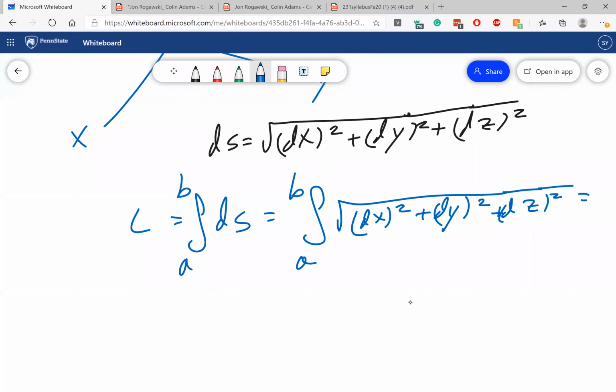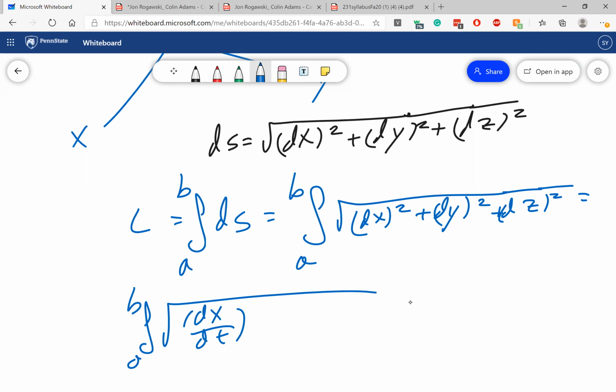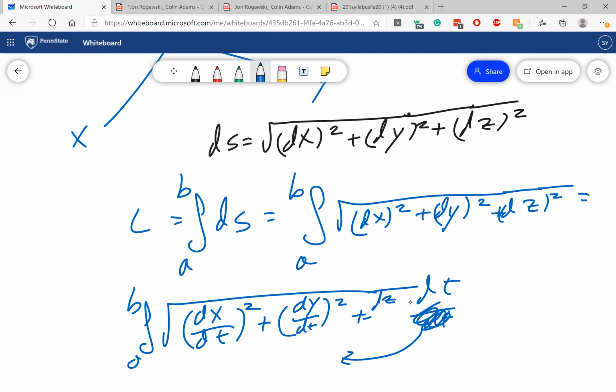So this would be the integral from a to b of the square root of dx over dt. What I'm going to do is put a dt over dt here, which is fine. I'm going to leave that dt, and move this dt inside the square root, so it gets squared: plus dy over dt squared plus dz over dt squared. And that's going to be my length.